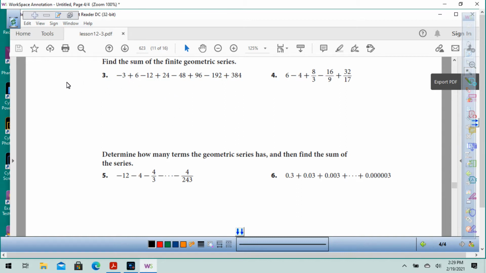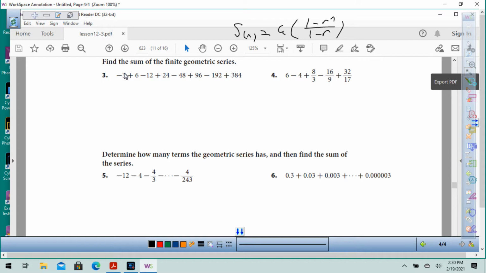You might notice the formula is S sub n equals A times 1 minus r to the nth over 1 minus r. Something this small is probably just cheaper to go ahead and add them up. But for a long series, you might want to use the formula.